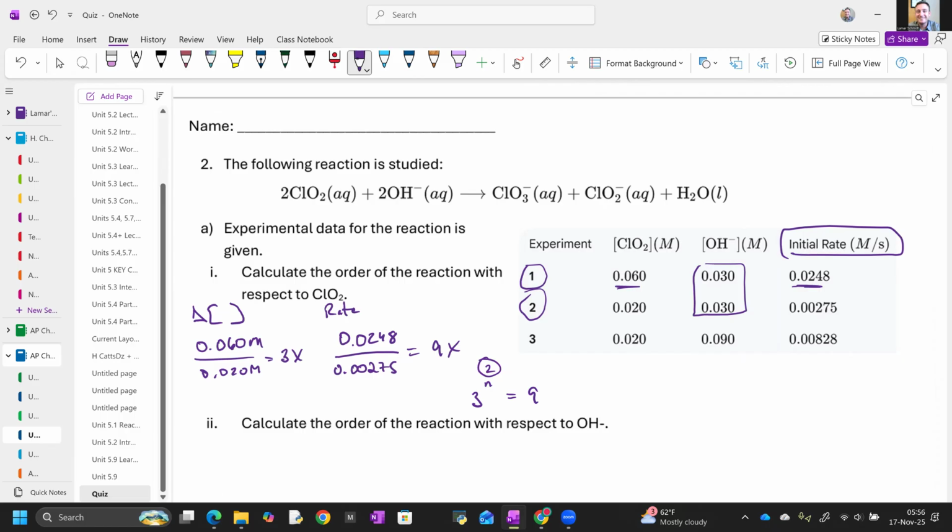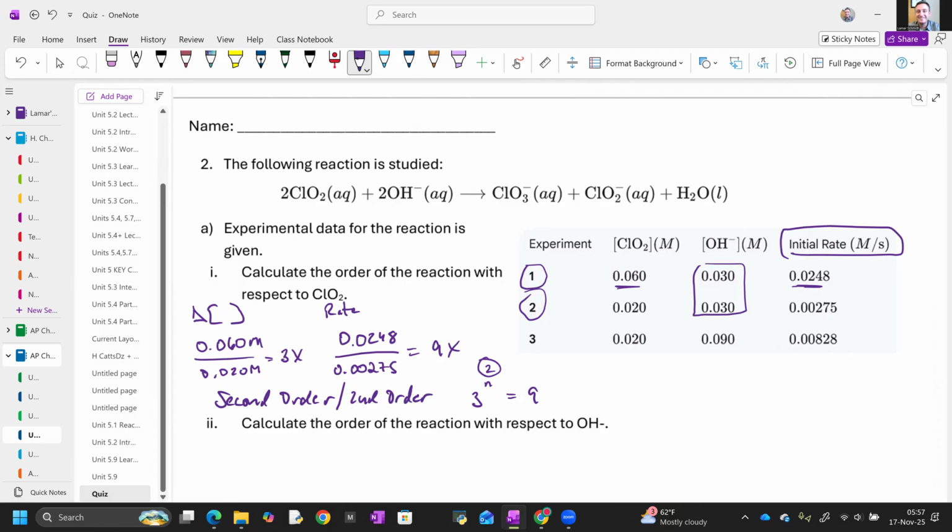Or we can use our definition and say that the change in the rate is proportional to the square of the change in the concentration, which defines it as being second order. So this is second order. Or second order. However you want to say it.